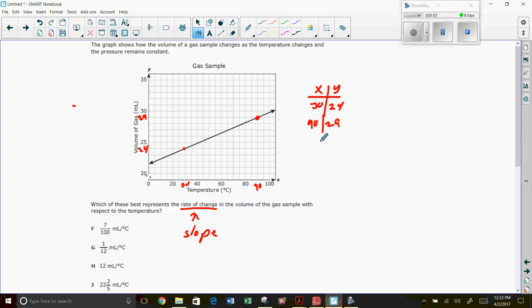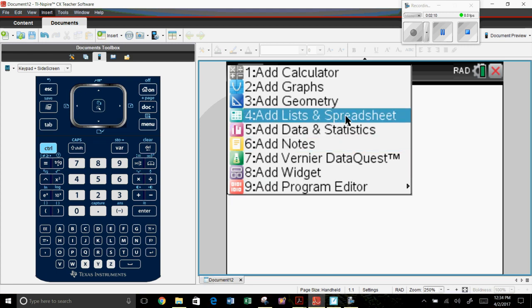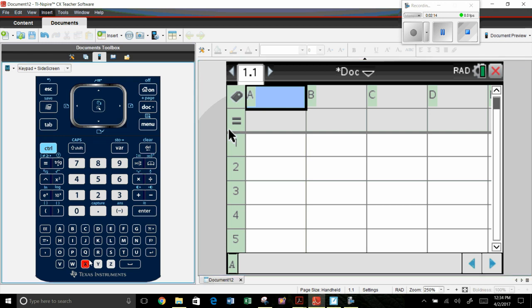Okay, so now that I have my table, my ordered pairs, we are going to do LNS and DNS to get that equation. So we go to our calculator, we go on LNS, lists and spreadsheets. The first column, we're going to label that as X. The second column, we're going to label that one as Y. Now we can start entering our numbers.